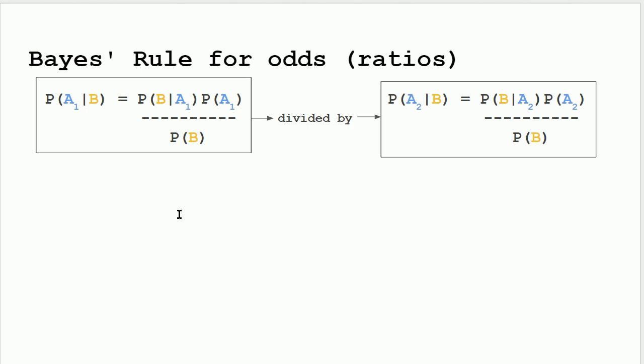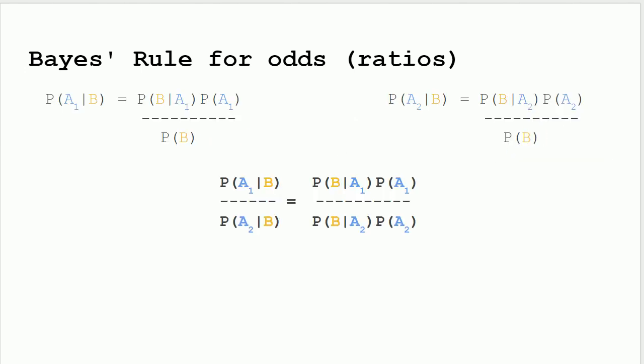That's it. We're saying there are two types of beliefs, belief 1 and belief 2, and the same evidence can influence your decision about both of these. Both sides have the same P of B, so you can remove that when you divide them. What you have here is the odds form of Bayes' theorem.